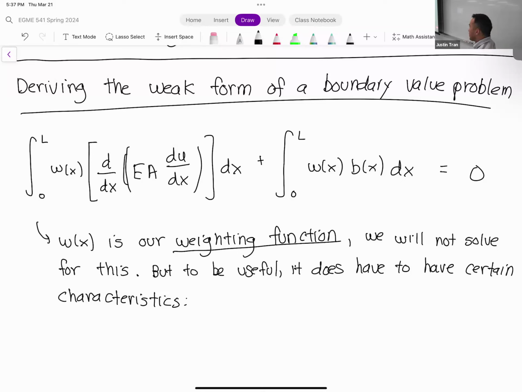So we're not going to be able to talk about all its characteristics just yet, just because it doesn't really make sense right now. But the most important characteristic that we want to talk about right now is that these weighting functions have to disappear at the locations of the Dirichlet boundaries.